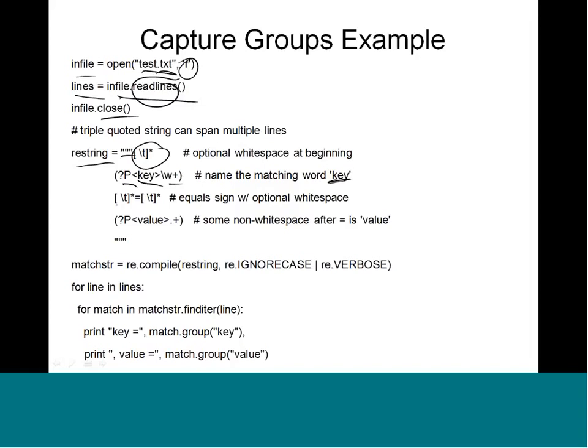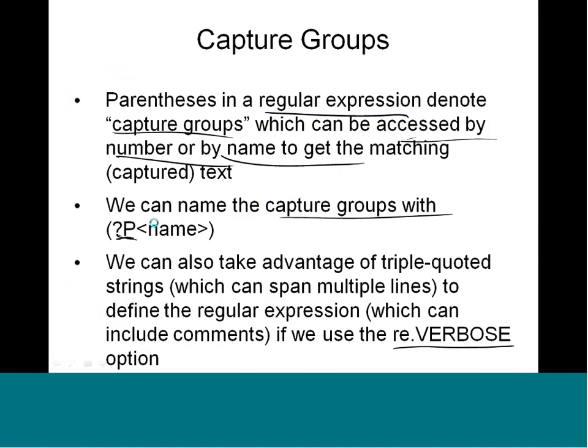Then we again have an equal sign with some optional white spaces. Wherever there is an equal sign, and then finally the non-space after the equal sign is the value. So we match the key and we match the value, and they are stored in the key and the value groups, as we saw with the P name.